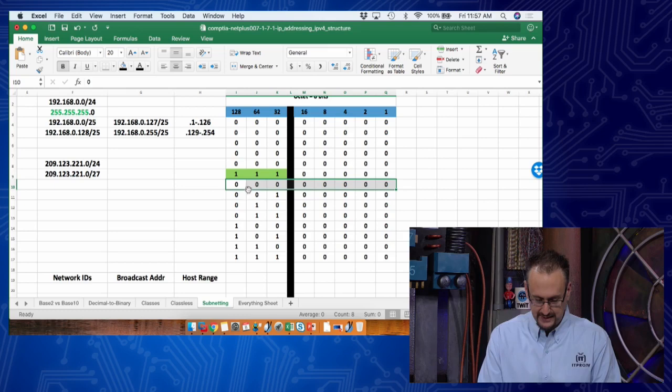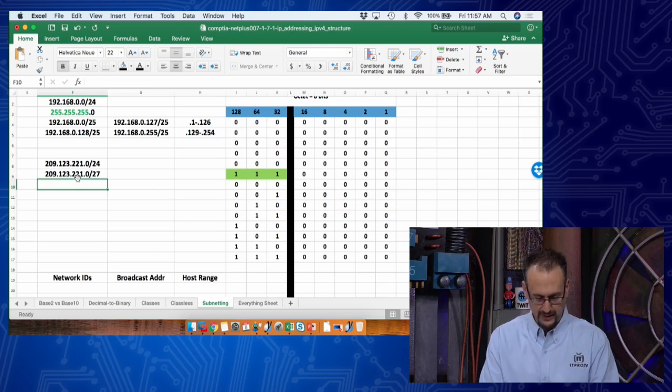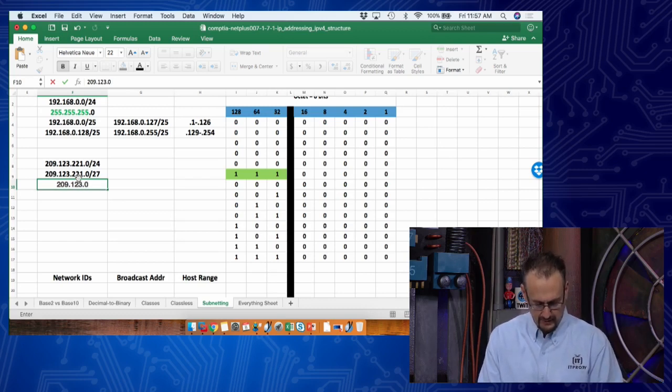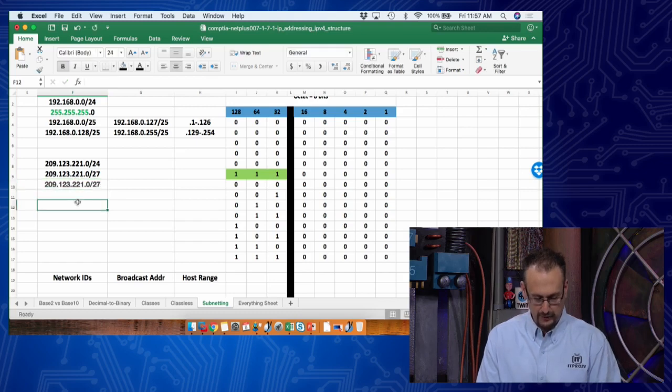So we can see that the first network ID is going to be, what is it going to be? 209.123.0.0, oh, I missed one octet, sorry. 209.123.221.0/27, right?